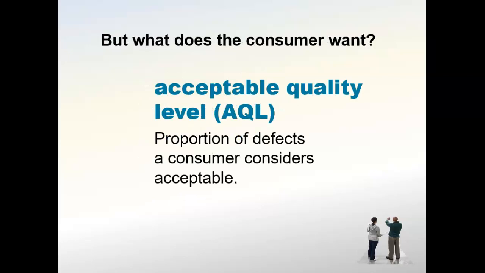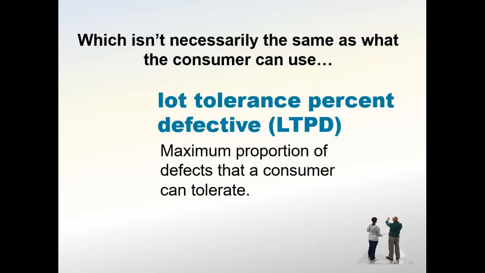And selecting an appropriate sampling plan requires declaration of an acceptable quality level, or AQL, indicating what percent defective is considered reasonable. So for definition purposes, the AQL refers to the proportion of defects a consumer considers acceptable. Now, what the customer considers reasonable and what the customer will tolerate are two different issues in acceptance sampling.